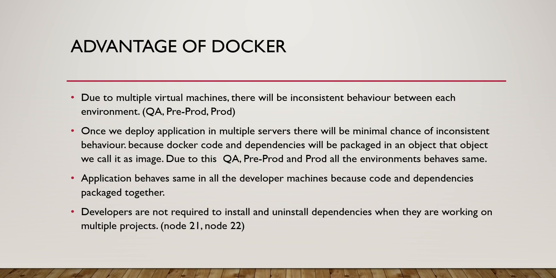When he wants to switch back to application A, again he has to uninstall Node 22 and install Node 21. So this will be a headache for the developer, and a big problem when multiple applications require different versions. This problem can also be avoided by using Docker, because all the dependencies will be packaged together in Docker.